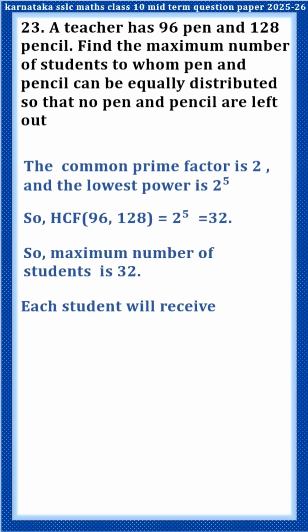Here number of pens is 96, number of students is 32. So 96 by 32, that is 3 pens. Here 128 pencils, students 32, so 128 by 32, that is equal to 4 pencils.